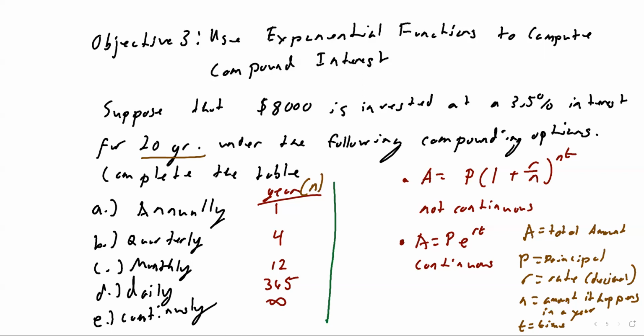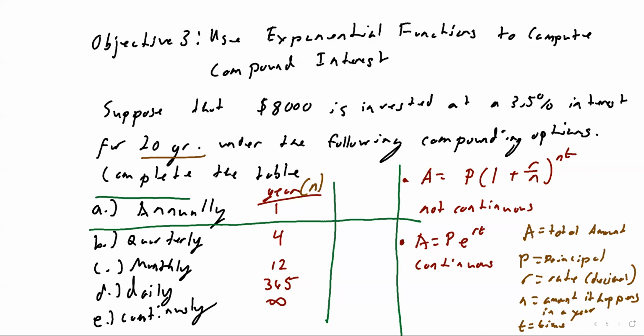I'm going to run out of room, but right here I'm just going to plug in all my information and then we'll try to calculate the answers. So this equation here would be your principal was 8,000. This would be 8,000 times 1 plus what's your rate?